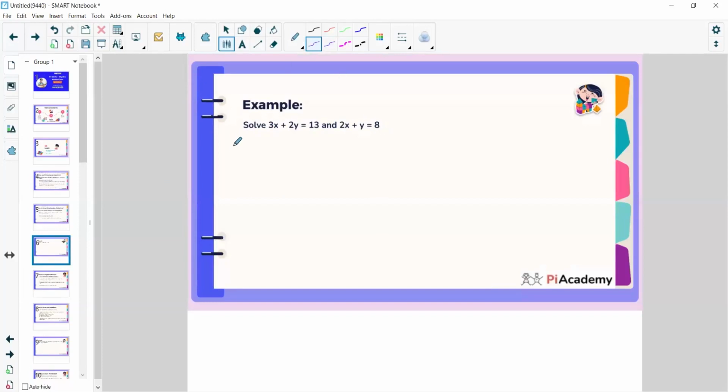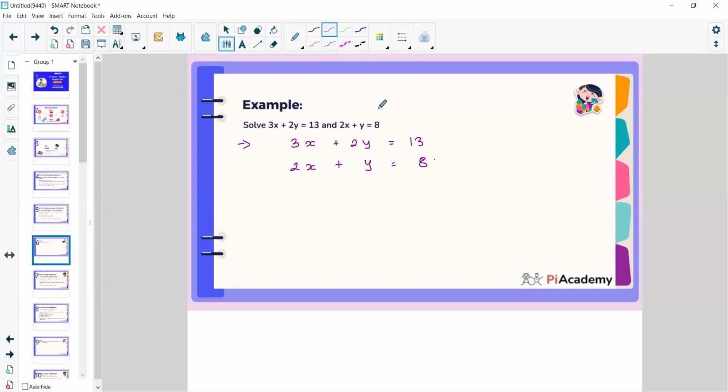So according to my first step, I need to make the coefficients same. So I will just write down 3x plus 2y equals 13 and 2x plus y equals 8. What I need to do is make either the coefficient of x the same or the coefficient of y the same in both the equations.